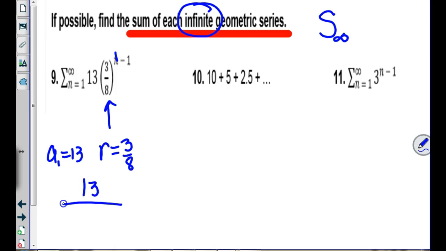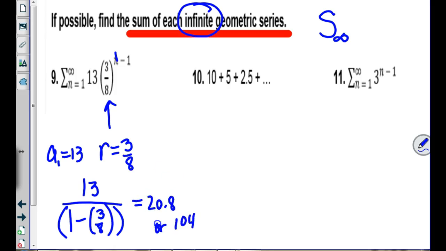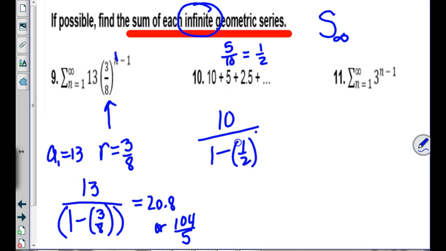So it's 13 divided by 1 minus 3/8, and 20.8 or 104 over 5. This one, the ratio is 1/2, where the first term was 10. So you'd get 20.